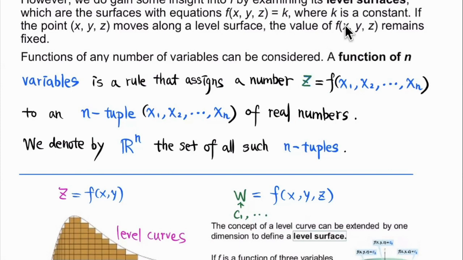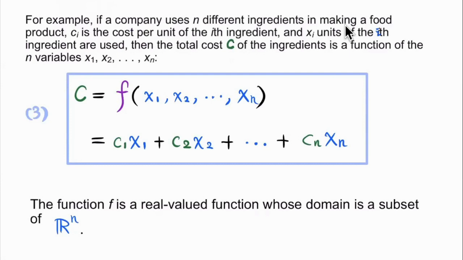So what does it say? It means it takes every x1, x2, all the way to xn and assigns a number to that n-tuple. Rn stands for the set of all those n-tuples.